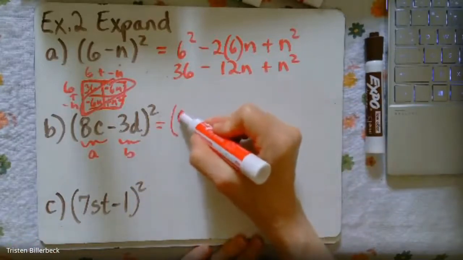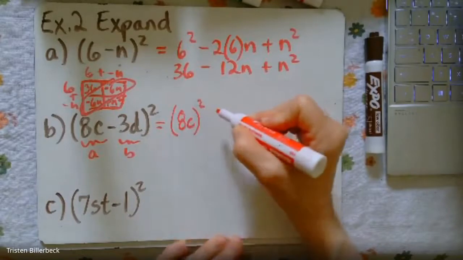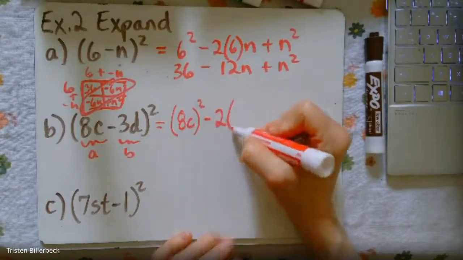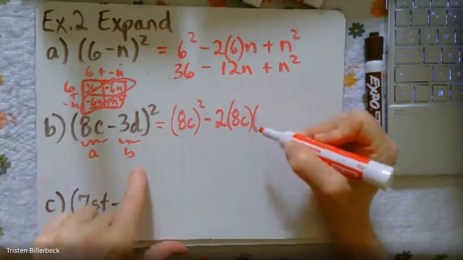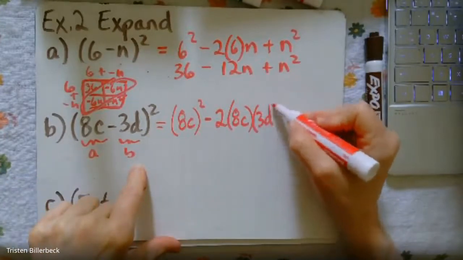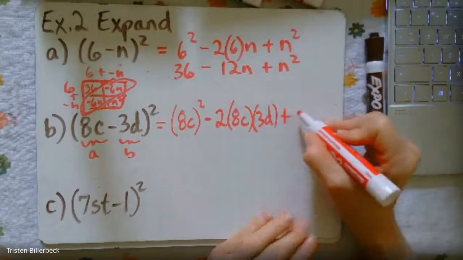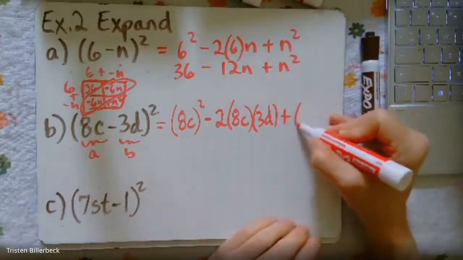So we have 8c squared minus 2 times A, 8c, times 3d plus 3d squared.